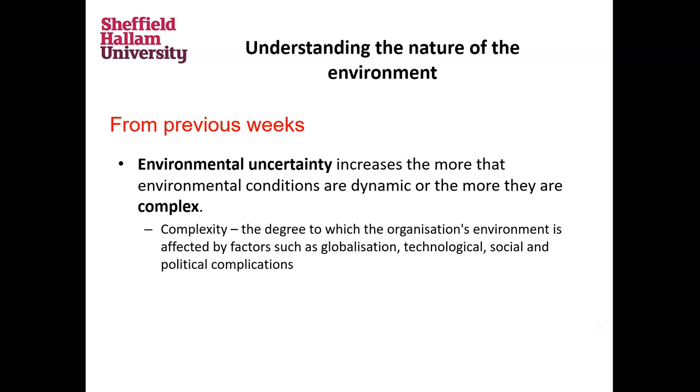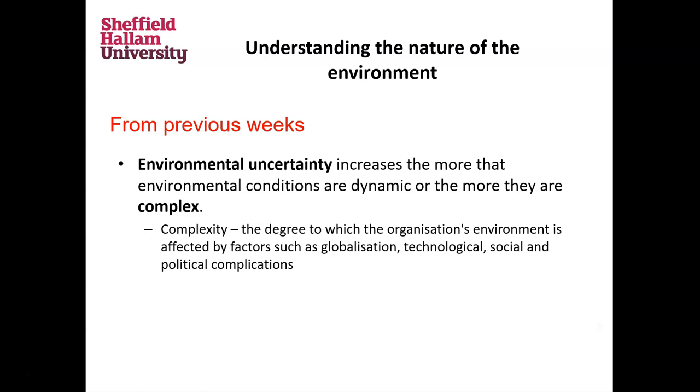So the world is becoming more politically complicated. Social change is happening faster now than it used to. Technology and the internet revolution, the third industrial revolution, artificial intelligence, 3D printing is going to change the way that society and work is organised.